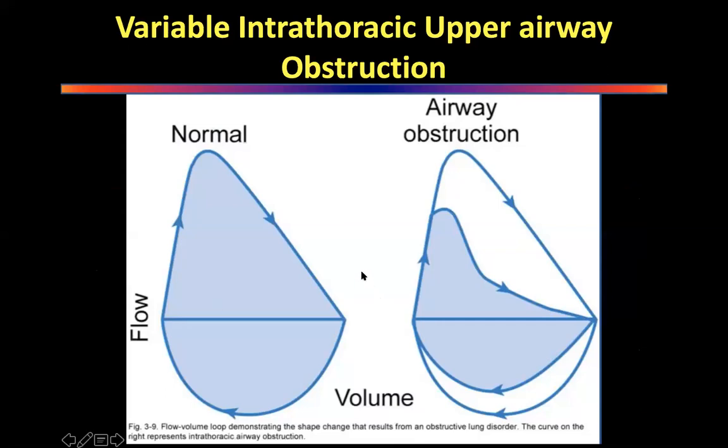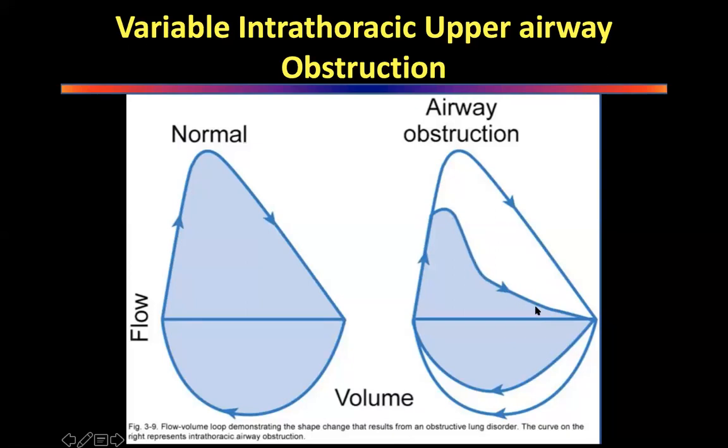So what happens in that is, because there is obstruction within the chest, you're able to take in the breath. Taking in breath is not a problem, but obviously taking in breath is less than normal. You can never do the same peak. So breathing in is not a problem, but it's still a shallow breathing. So it's a shallow inspiration, but when you try to expire, the first half is okay, but you cannot reach the peak of normal, but the rest behaves exactly as we saw in emphysema.